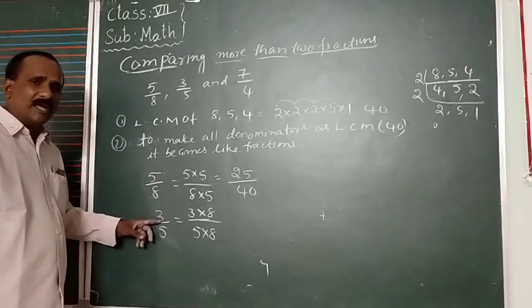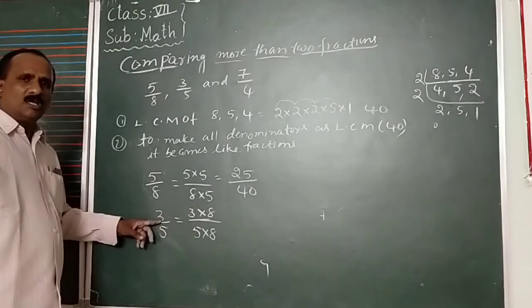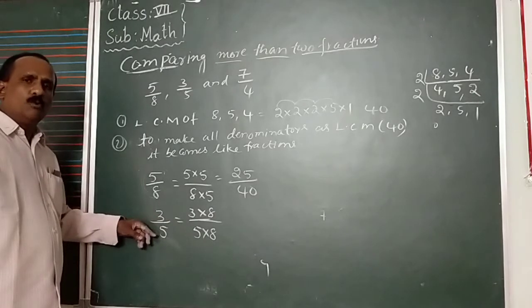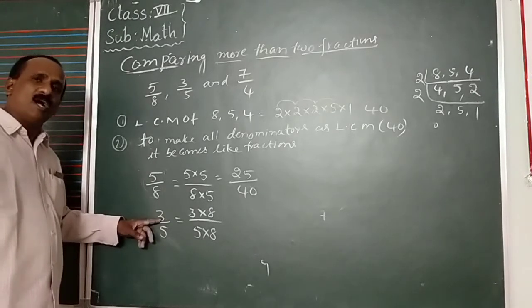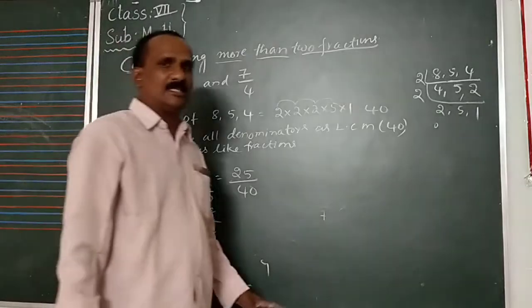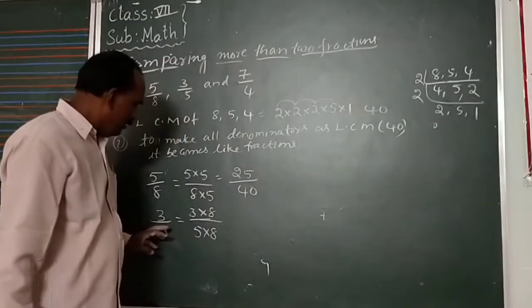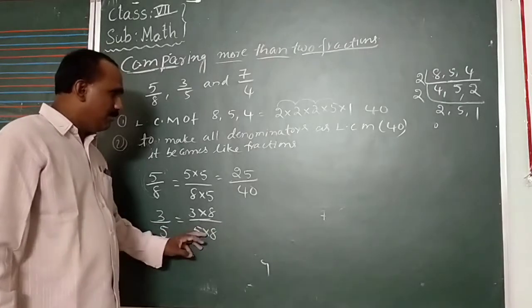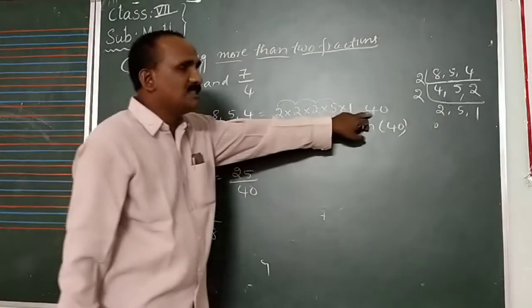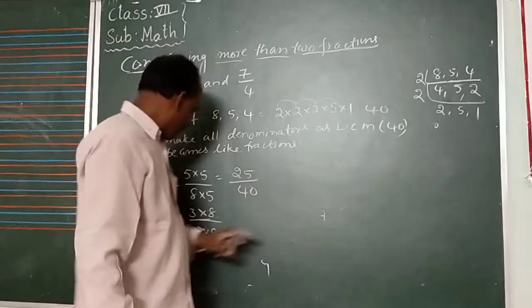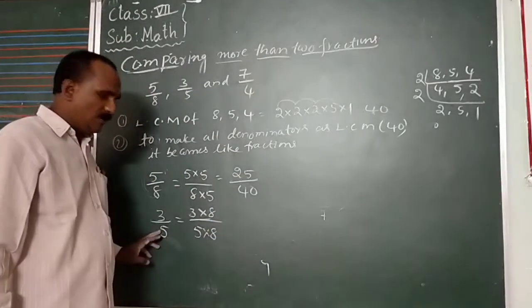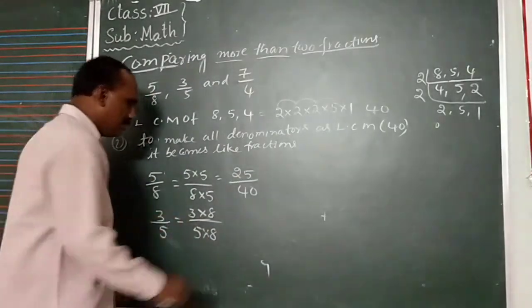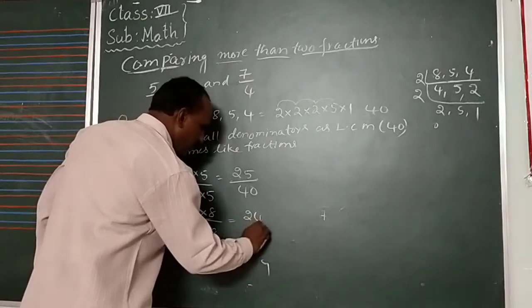To make it an equivalent fraction. I already told you what equivalent fractions mean: the same number multiplied or divided into both numerator and denominator. 5 8s are 40, and 3 8s are 24 by 40.